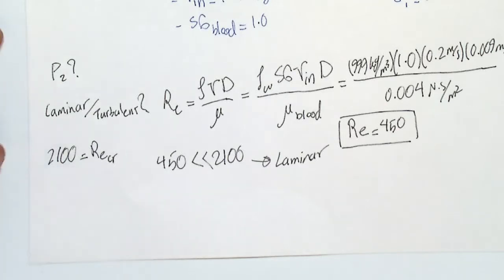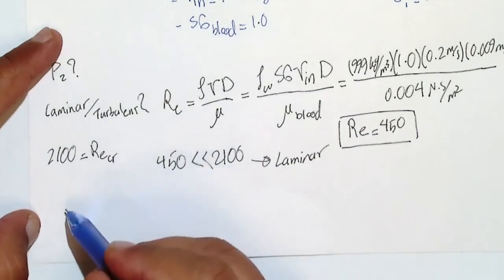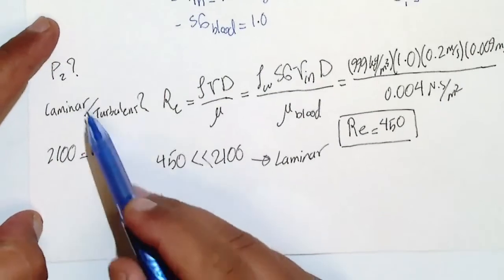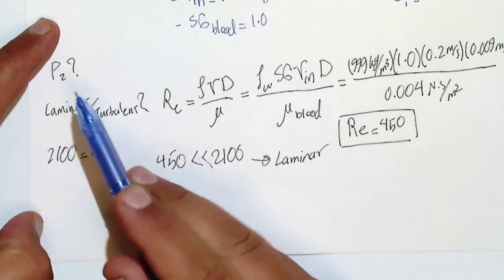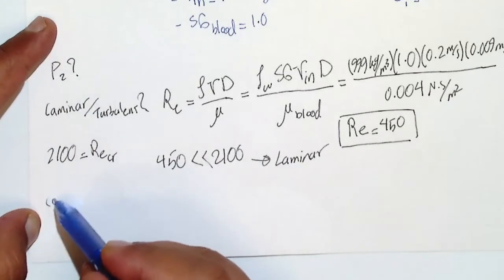Okay, what should we do? We should apply the conservation of energy to find P2. That's what we have to do to answer the question: what is P2, right? So write down the conservation of energy.